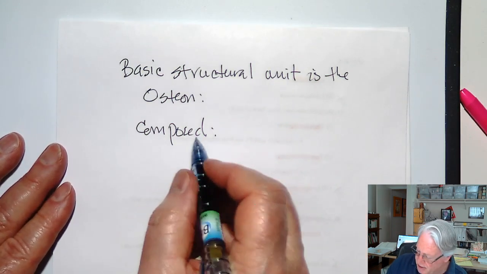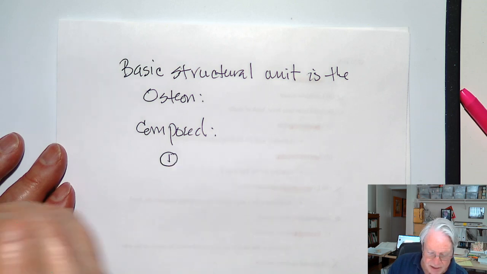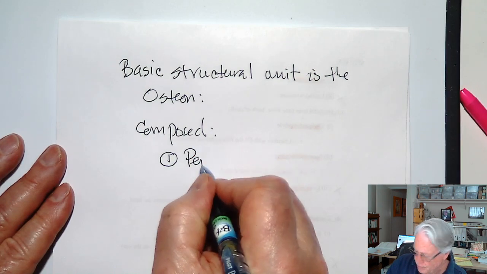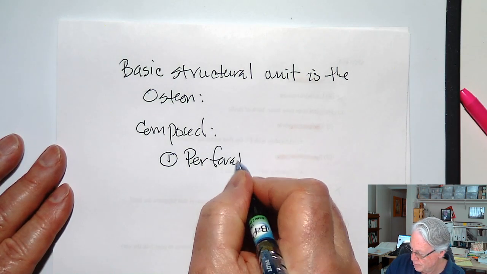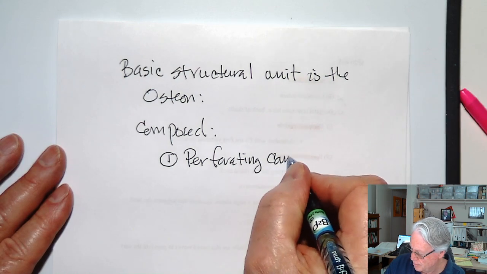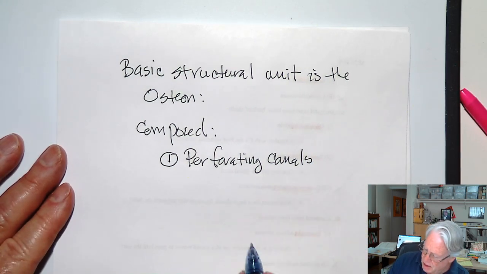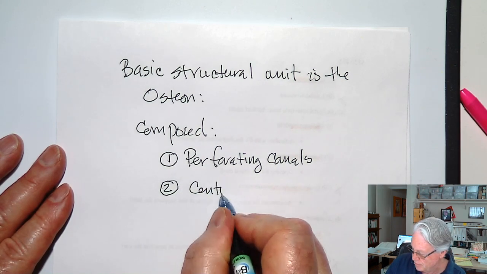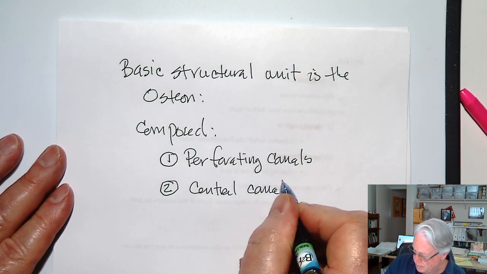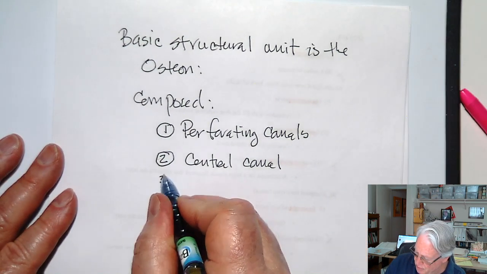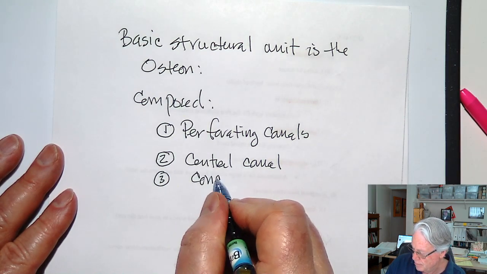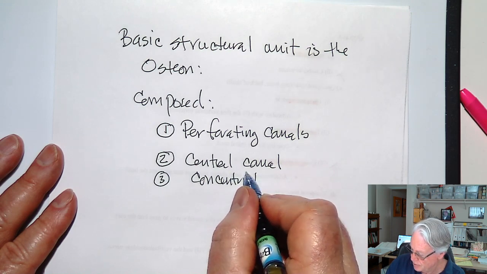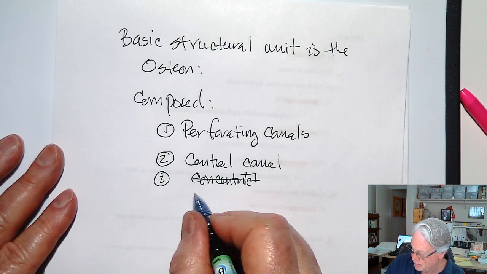We'll start naming them, and then we'll draw a quick picture. Number one, so-called perforating canals. Number two, we have the central canal. Number three, we have concentric lamellae.